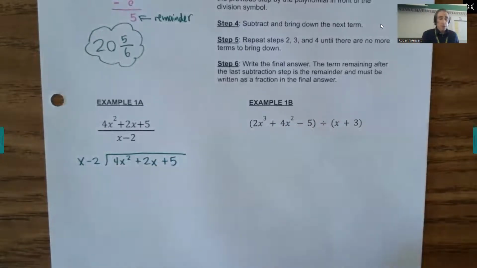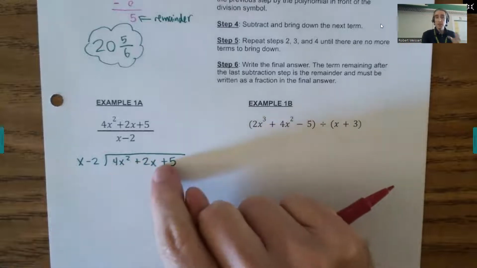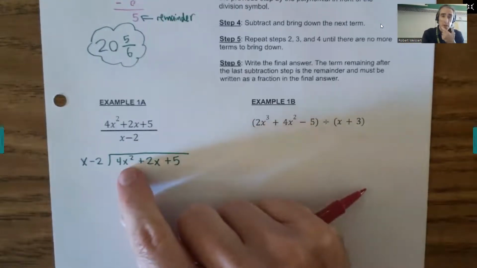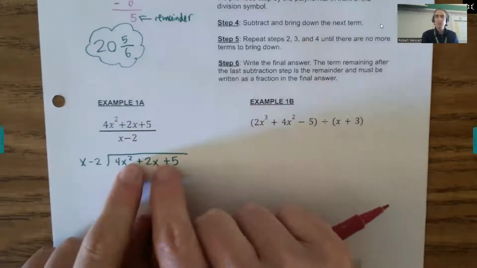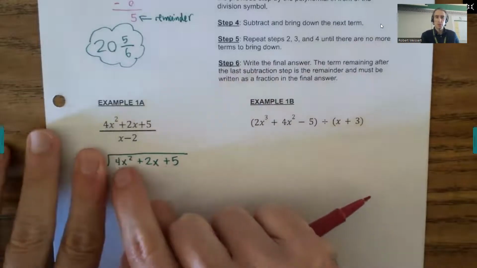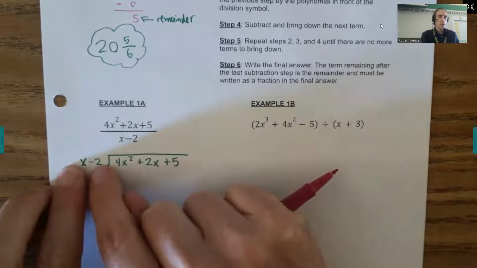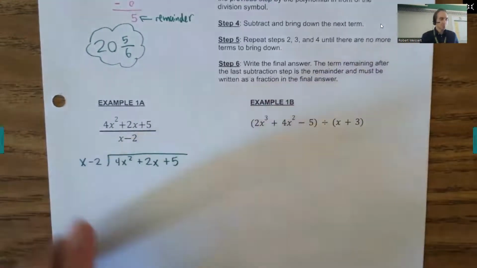When we're dividing these, it's important that if we have any missing terms, we replace them with a placeholder. We use 0. I have 4x squared, then 2x, and then 5, so we're not missing any powers between the squared term and the constant. Same thing over here: we have an x term and a constant, so there's nothing missing between those.